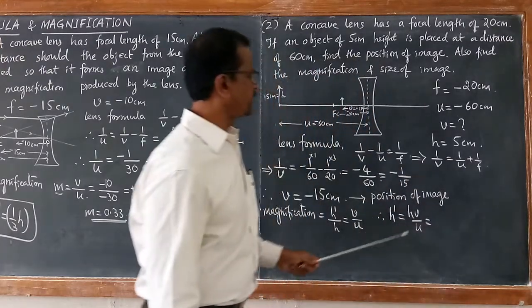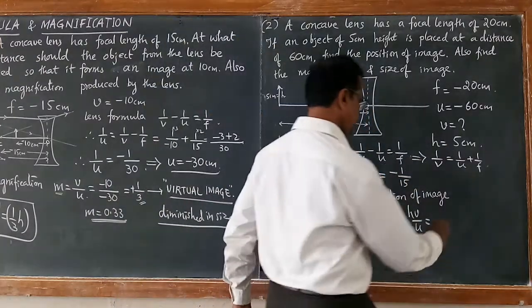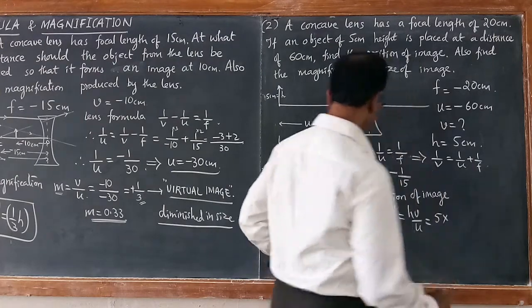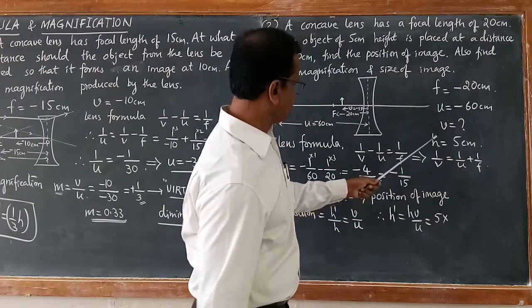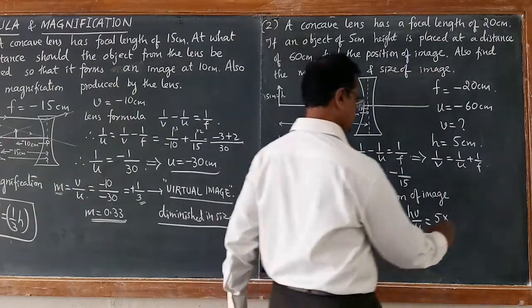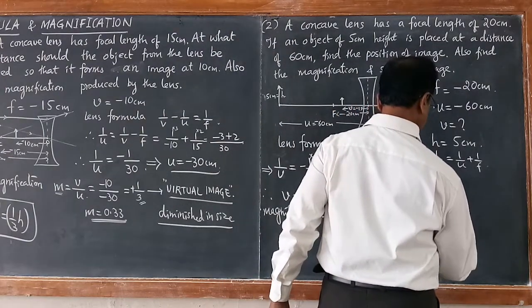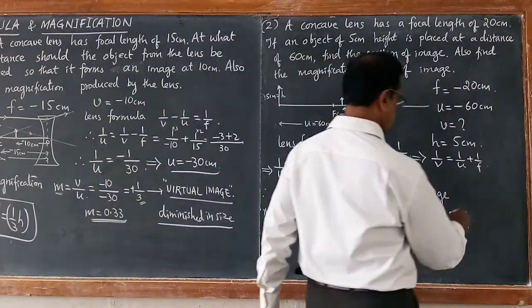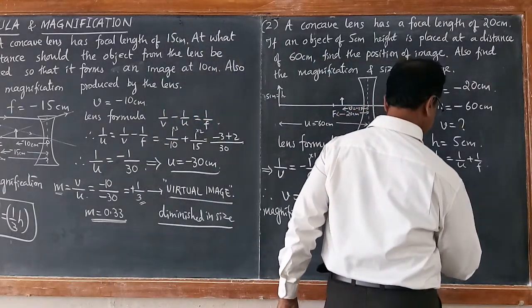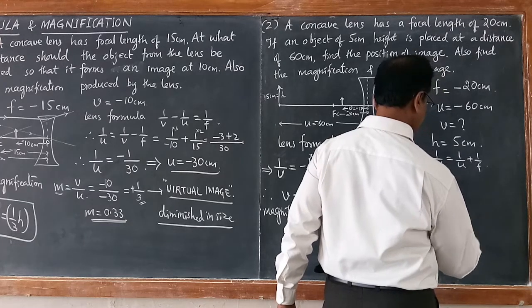h is 5. v is image distance. Image distance we just found out, minus 15, divided by u, which is also minus 60. So 15 ones are 15, 15 fours are 60.